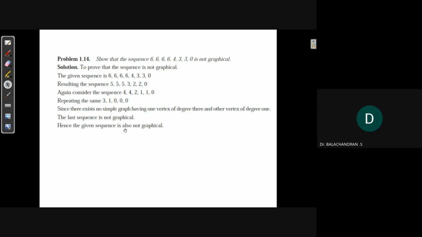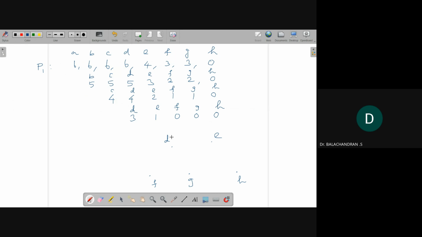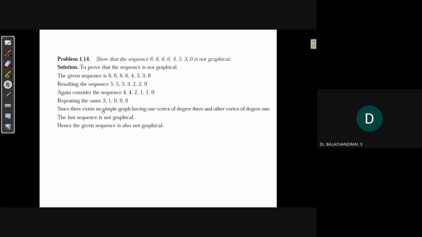It is also explained here, you can check it. Finally you'll get 3, 1, 0, 0, 0, the same thing. So there exists no simple graph having one vertex of degree 3 and another vertex of degree 1.